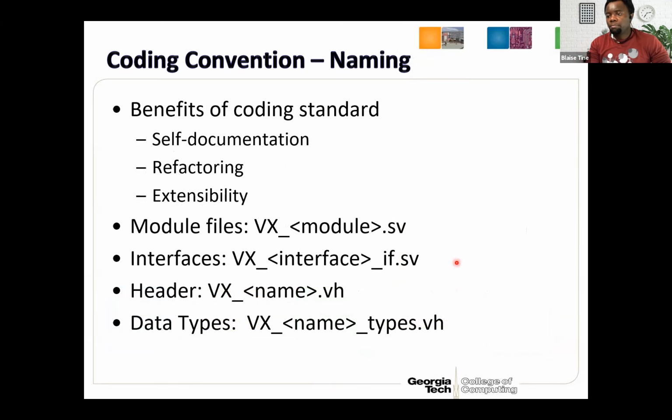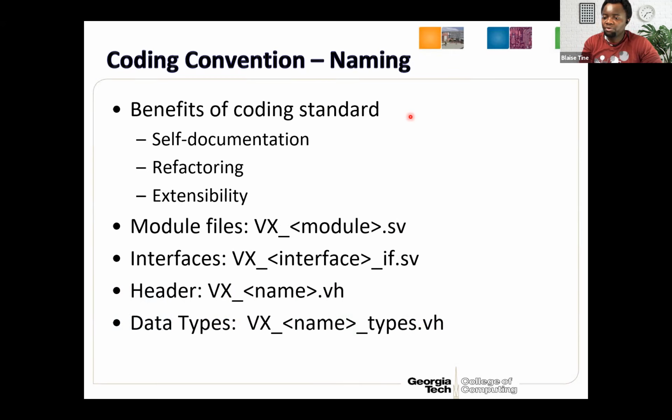The other part of the coding convention is the standard that we use for naming the different files inside the code base. This makes it easier for self-documentation. In general, the rule of thumb is you don't want anybody to have to go through the documentation.